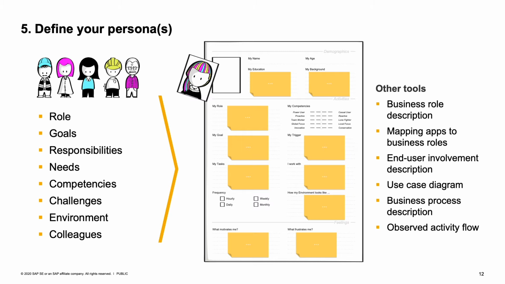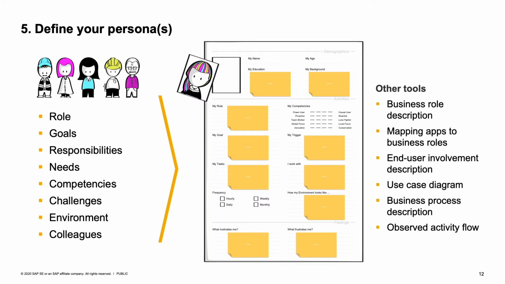The persona has a role, goals, responsibilities, needs, competencies, challenges. You describe their environment and the colleagues that they work with. Once you've agreed on a persona, everybody on the team has the same understanding of the person for whom you're designing the application.